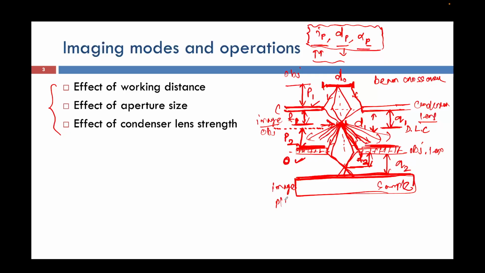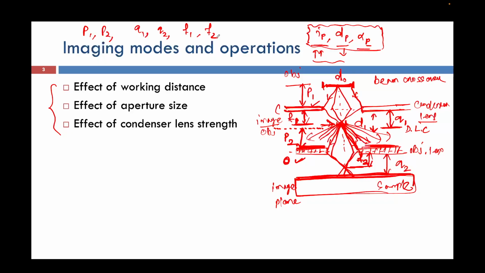Image plane means I am talking about the Gaussian plane, which is given by the disk of least confusion. p1 and p2 are the object distances from any lens, condenser or objective, q1 and q2 are the image distances from the lens, and f1 and f2 are the focal lengths. So there are 6 terminologies I am writing: p1, p2, q1, q2, and f1, f2. These are the 6 terminologies that we have to check.